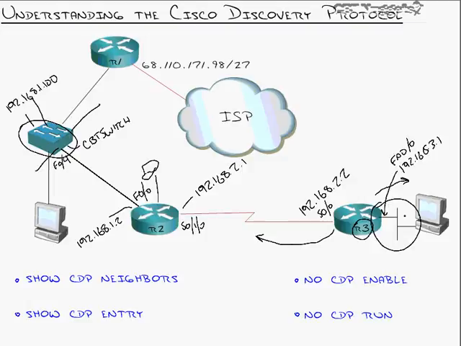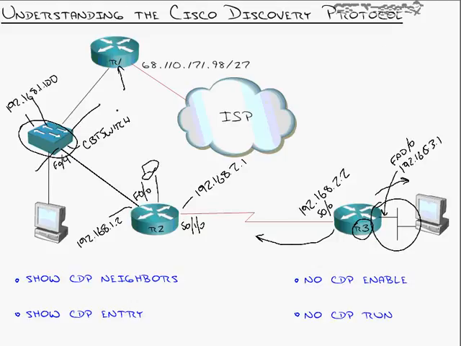So let me hit the final two pieces of this command: no CDP enable and no CDP run. As you might imagine, this protocol tosses out a lot of sensitive information. So we might want to disable it on specific interfaces or on our device as a whole. For example, let me look up here at router 1.